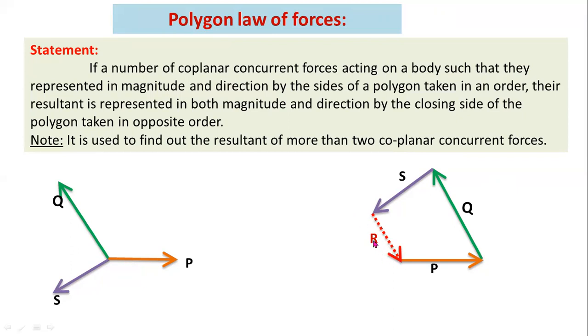R is the resultant. So the Polygon Law of Forces method is useful to determine the resultant for n number of forces. This is only a graphical solution. There is no analytical solution.